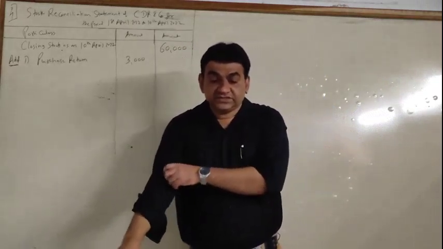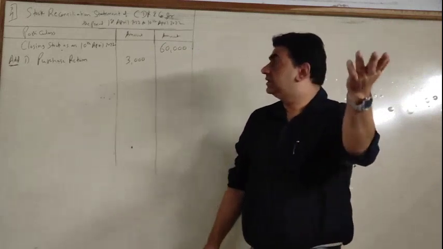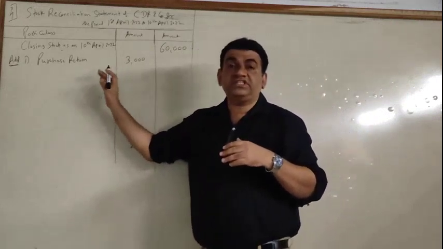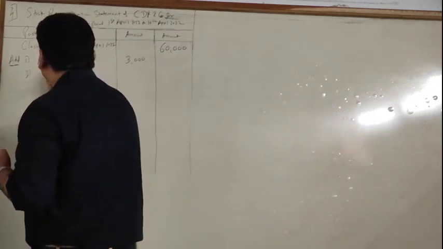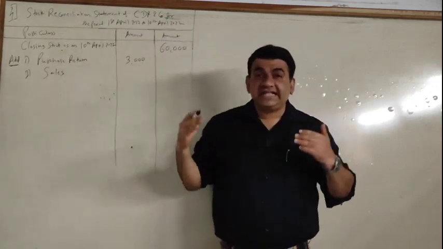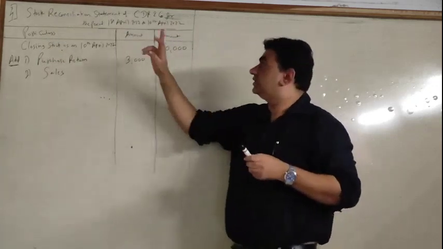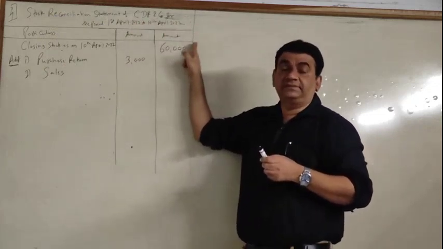Next, sales during the above period, 36,000. Again, defining the logic of purchase return and sales, why we are adding it. What is the logic I told you? Purchase return, goods have gone out. Sales, goods have gone out. Goods have gone out in the period 1st April to 10th April.